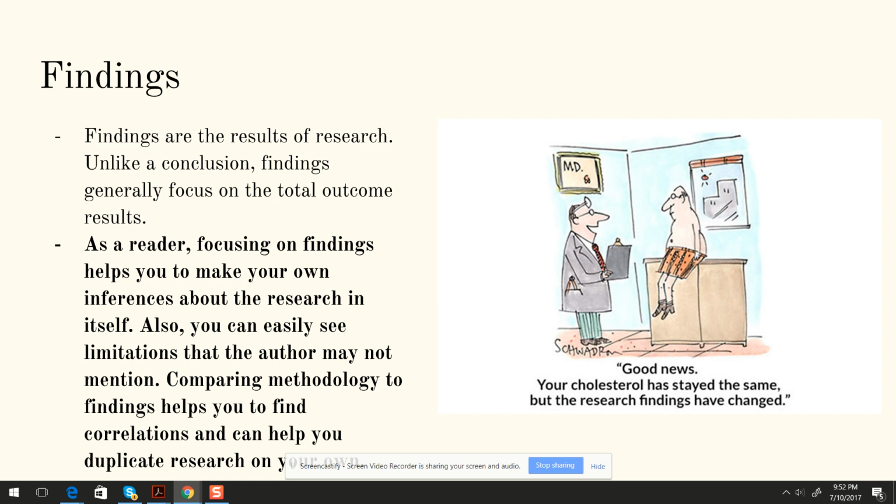And a lot of times the author will recognize this and write it in the findings, and that's a sure sign of a really good author. You also want to compare methodology to findings to help you find positive or negative correlations. And if you want to duplicate this research or look at this kind of research on your own, findings can come as a great help.